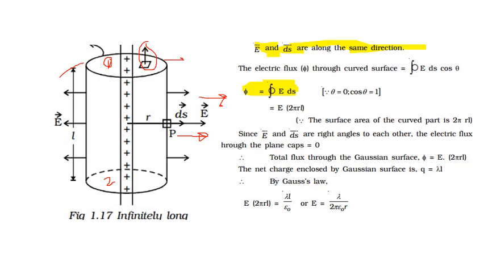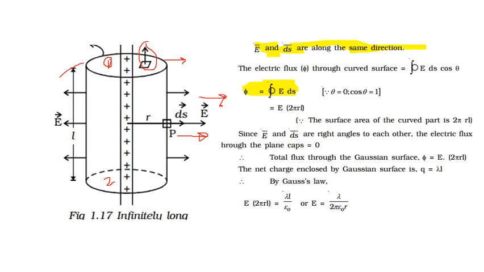Since both are perpendicular to each other, the angle will be 90 and cos 90 will be 0. So the total flux comes only from the curved surface. There is no contribution from both the top and bottom plane surfaces.